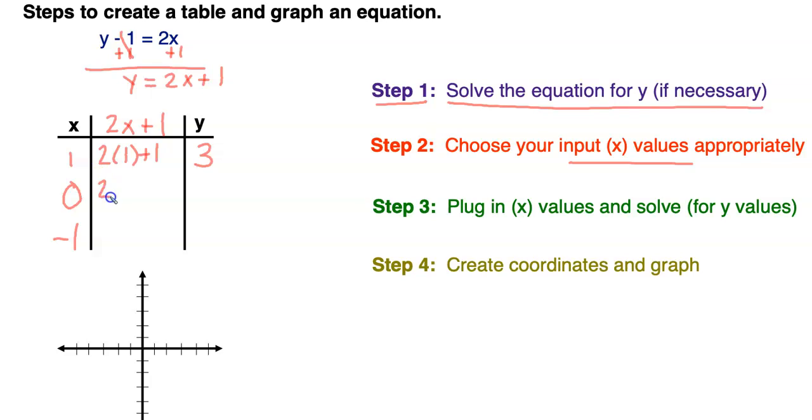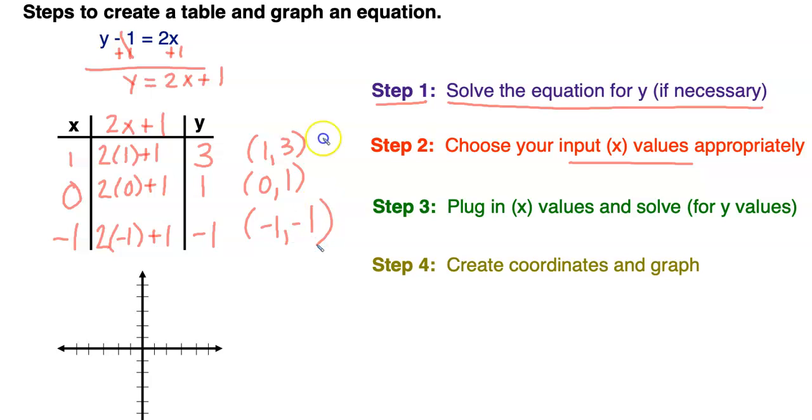If I put in 0 for x, that's 0 plus 1 or 1. And if I put -1 in for x, I get -2 plus 1, which is -1. And then I'm going to graph these three ordered pairs and hope that they make a straight line.